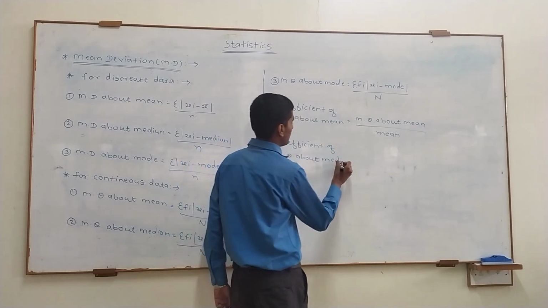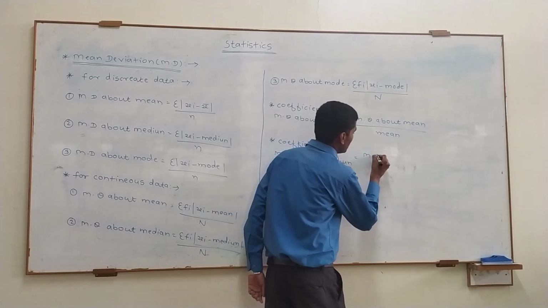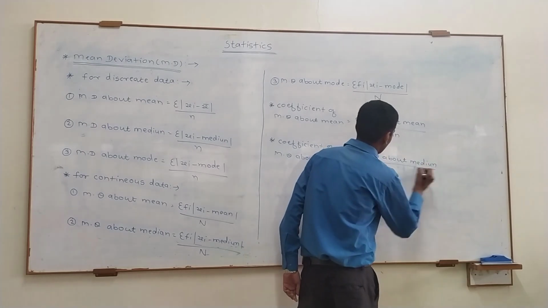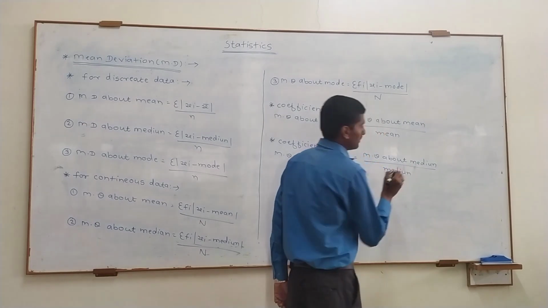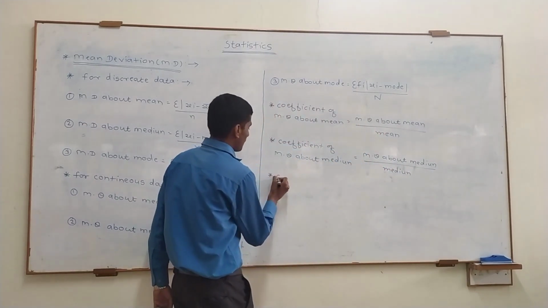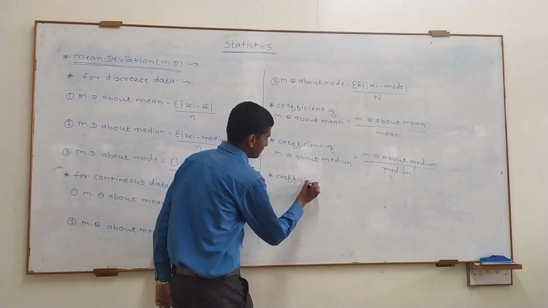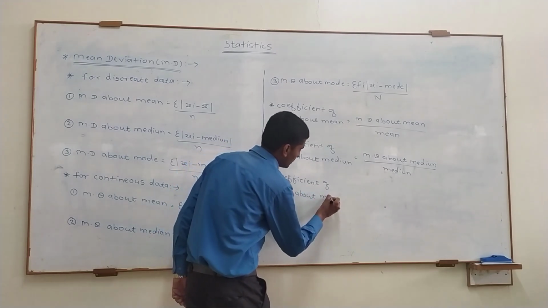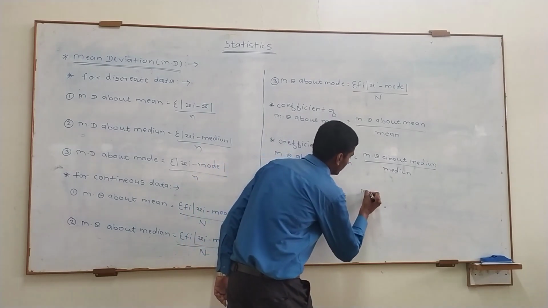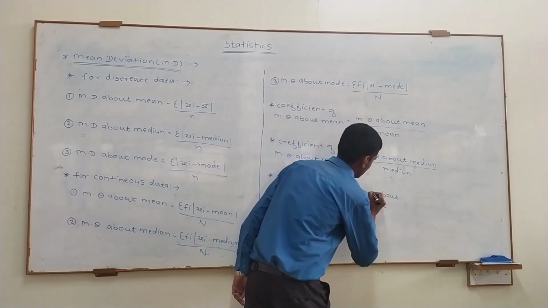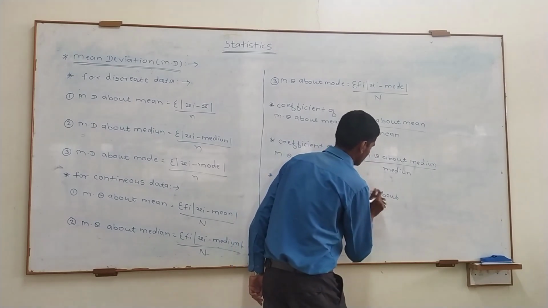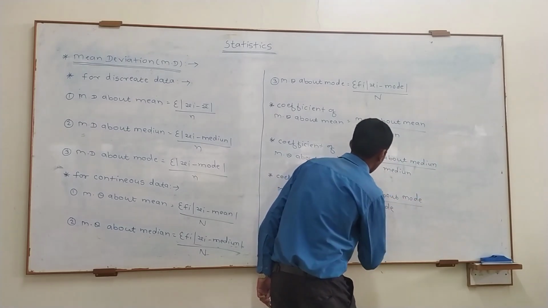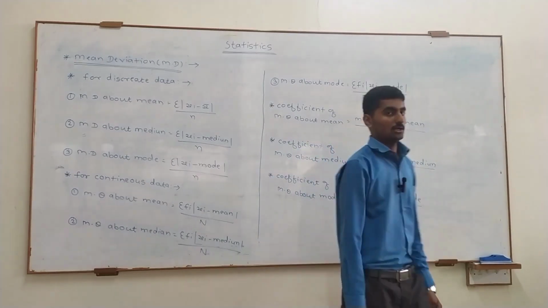The coefficient of mean deviation about median is the mean deviation about median divided by the median. And the coefficient of mean deviation about mode is the mean deviation about mode divided by the mode.